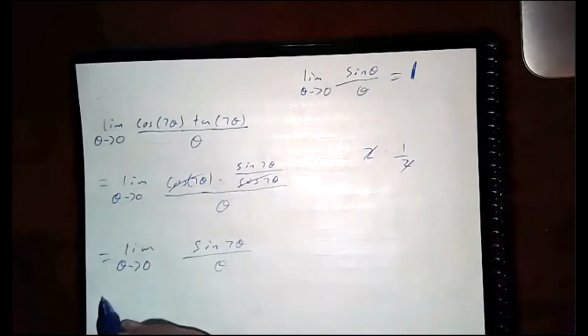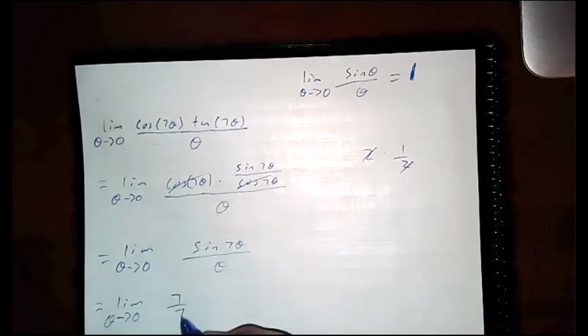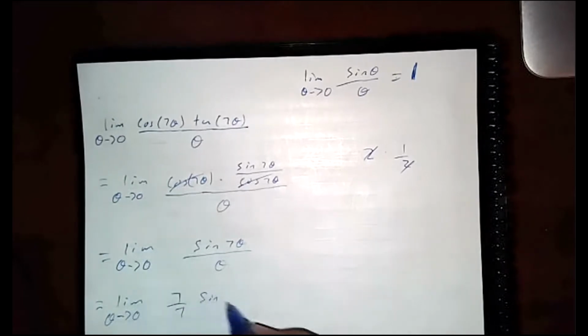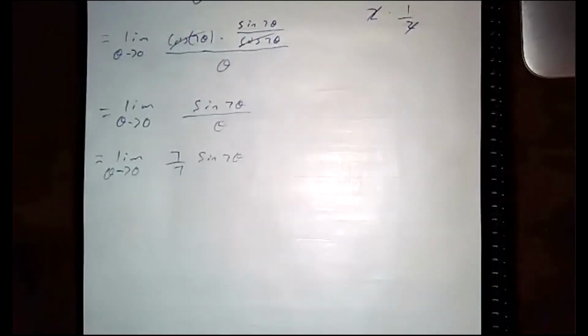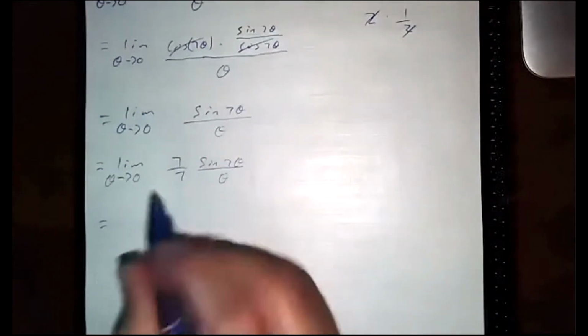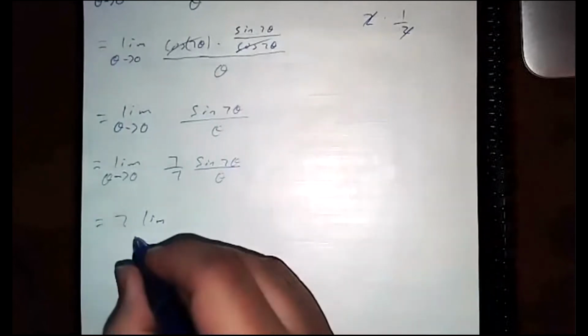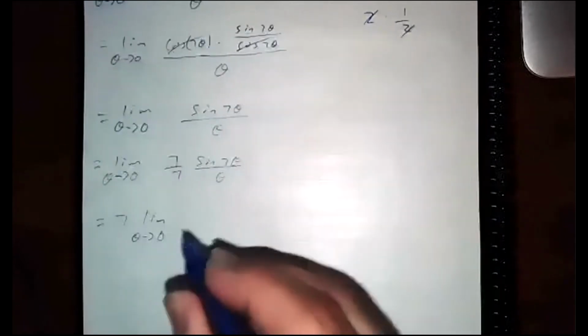So what I'm going to do is introduce a 7 by multiplying the top and bottom by 7. Can you scroll down just a little bit? You see what I mean? Once we're there, this 7 on top is not really doing anything, so I'm going to pull that out in front, just so you can see it clearly.